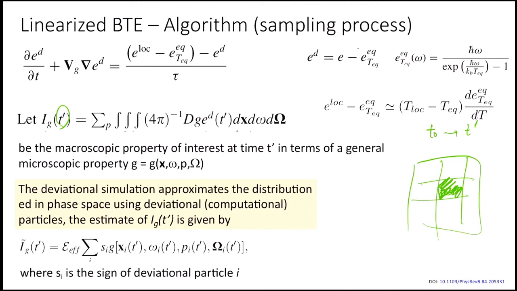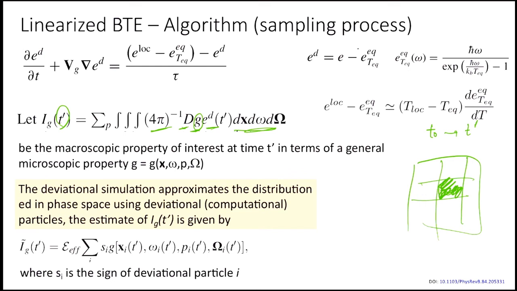So this is a macroscopic property of interest, but it depends on this microscopic variable. So whatever particle we are sampling, it depends on this microscopic property G, which is a function of x, omega, and time. So then it would be 1 over 4 pi, this density of state, G, and this deviational particle at t prime, and of course integration of all of it.